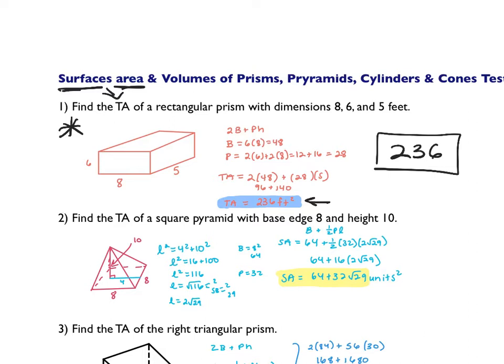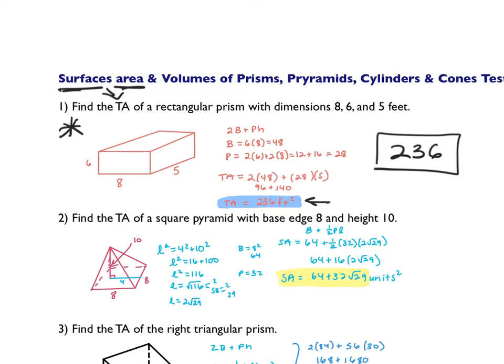So for this one, for the rectangular prism, it didn't matter where you put the 8, 6, and 5. You could have put the 8 over here and the 6 here. It doesn't matter. This is the only one where you can choose which dimensions are your base.